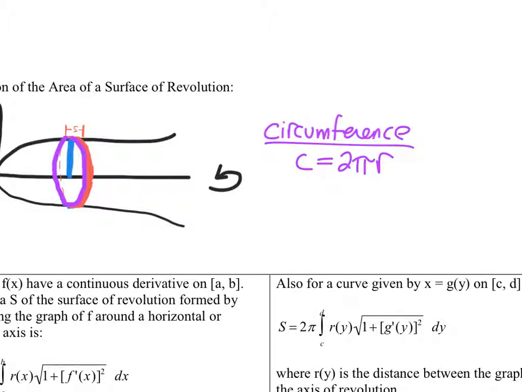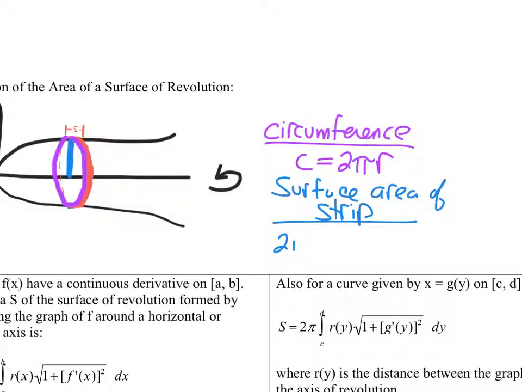All right. So if I want to get the surface area of the single strip, surface area of the strip, I'm going to take the 2 pi r and multiply that by s.